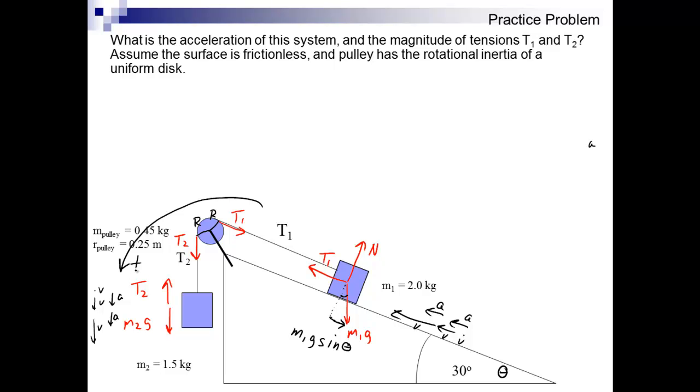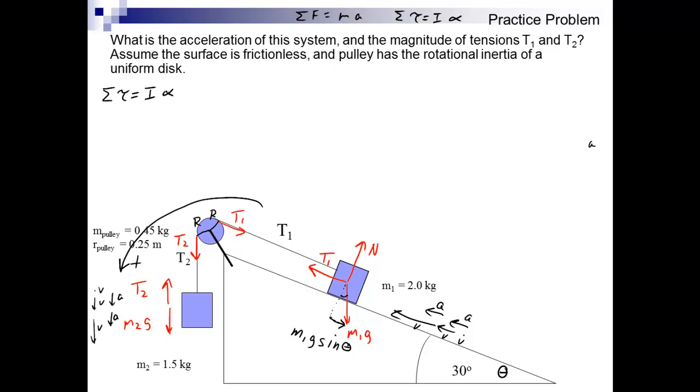We've done that. Now we need to once again explicitly write out the sum of the forces equals MA, and the sum of the torques equals I alpha. So the first thing we'll do is look at the sum of the torques. The sum of the torques, once again, equals I alpha.